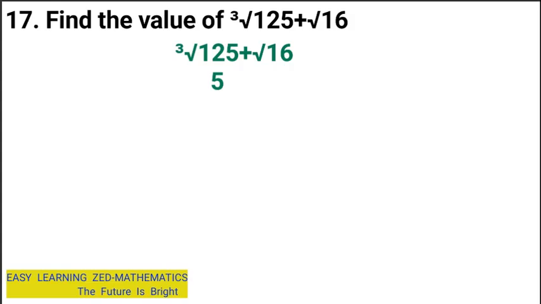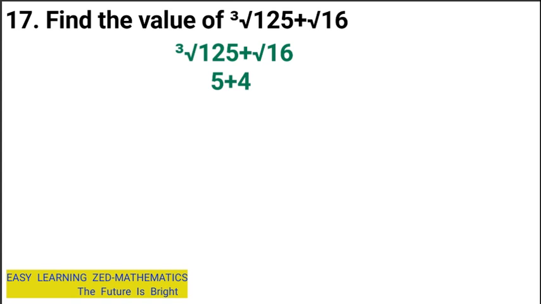So in this case, we want to find a number that we can multiply by itself twice to get 16. And that number is 4. So 4 by 4 will give us 16. So plus 4. Okay, so 5 plus 4 will give us 9. So 9 is the value of that expression, which is cube root of 125 plus square root of 16.